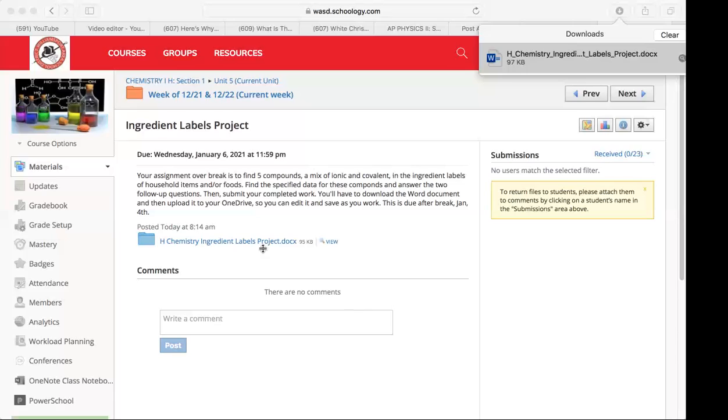So what's the name of the compound? What product is it in? What's the chemical formula? Is it ionic or covalent? You can look up the melting point and the solubility, but you could also say either it has a high melting point or low melting point and whether it's soluble or not. A good clue is if it's a cleaning product like Windex, well, Windex is a solution in water, so whatever's in there has got to be soluble in water.